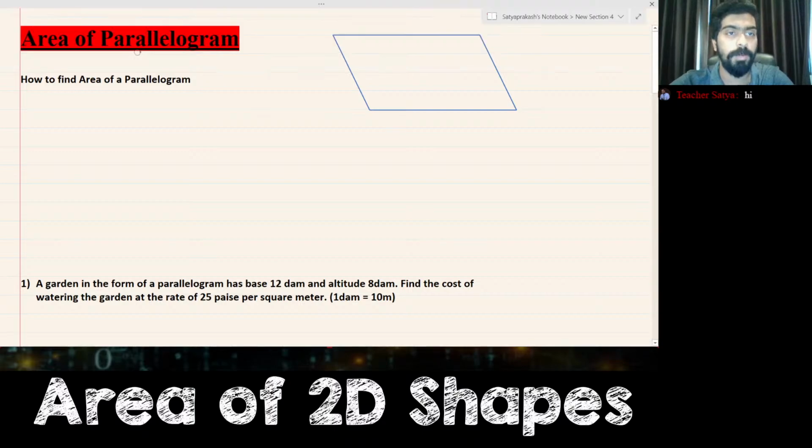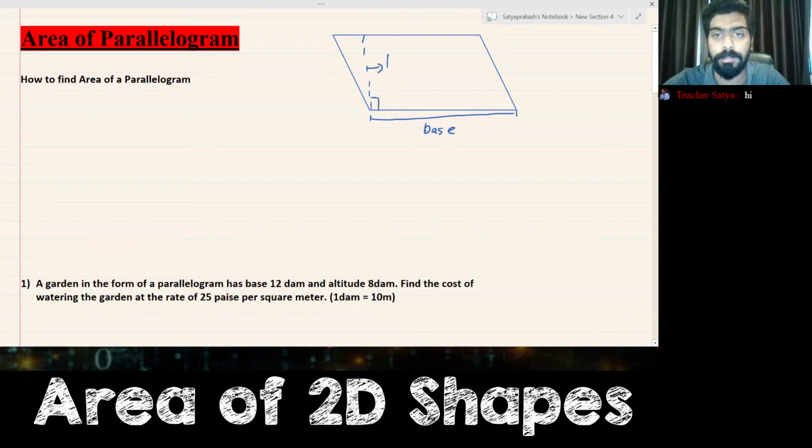To begin with, the first 2D shape that I'll be talking about is how to find the area of a parallelogram. In order for us to find the area of a parallelogram, we need to know two things: the base, which is right here, and its corresponding height.